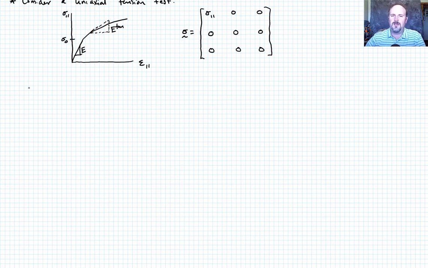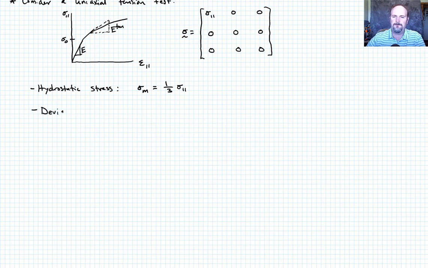So from this stress tensor, we can go ahead and write the hydrostatic stress, which, remember, is just 1/3 of the trace. The trace here is just obviously sigma 1,1. So sigma m, our mean hydrostatic stress, is equal to 1/3 times sigma 1,1. And that lets us also write the deviatoric stress.